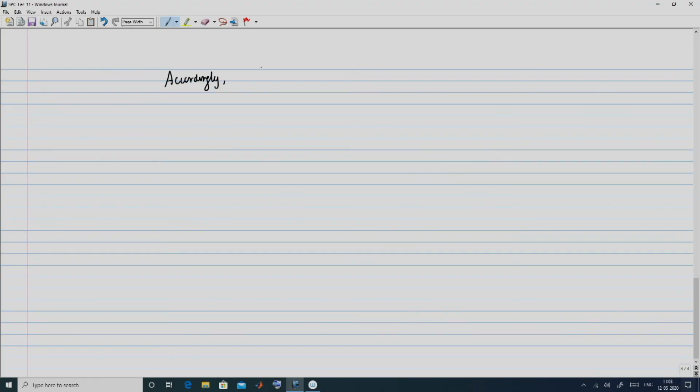So, accordingly, we have ERI, that is the expected return on the ith asset, is equal to RF plus ERM minus RF into beta I. Now, let me identify the terms here. Here beta I is the beta of the ith asset.